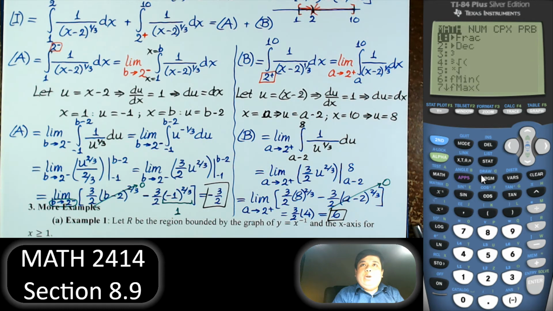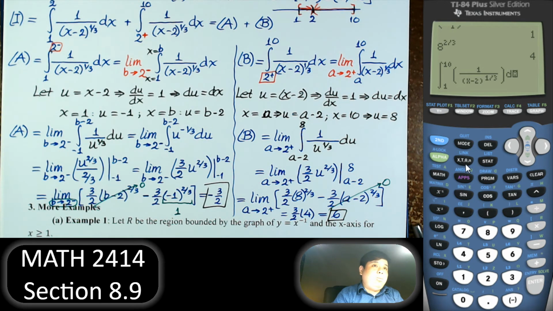So let's see if we can do the calculator here. We'll go from 1 to 10. Like I said, even though it works, we will never use a calculator to verify this, because this is an improper integral.